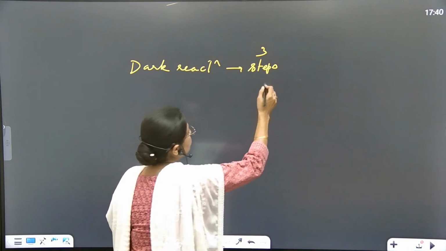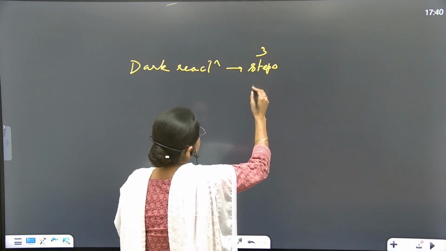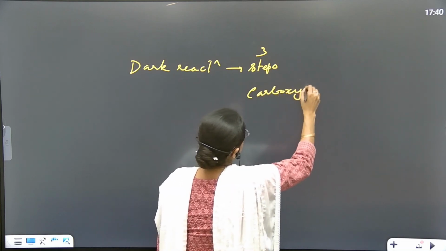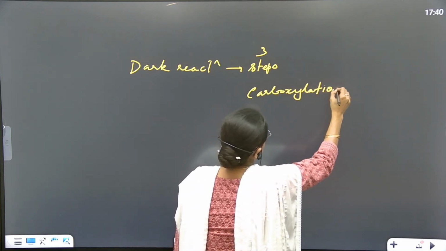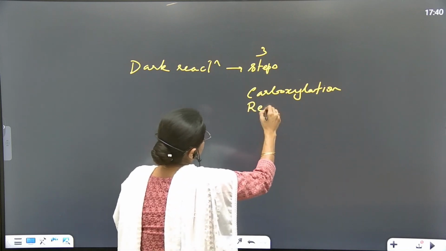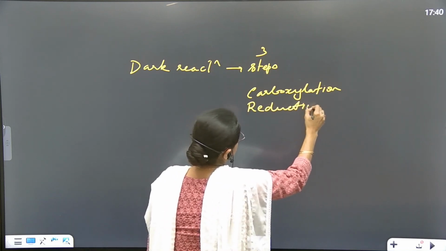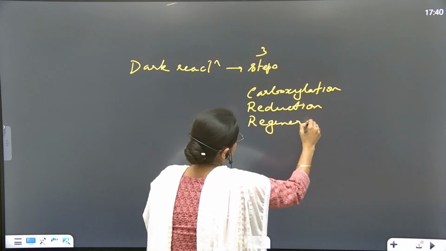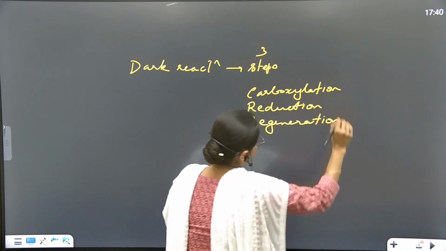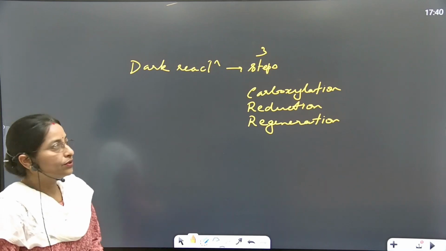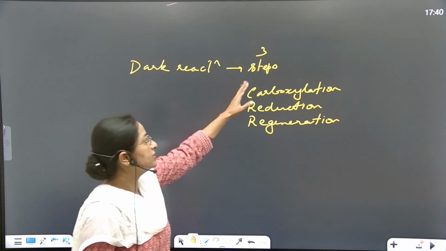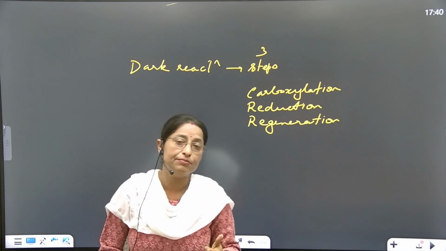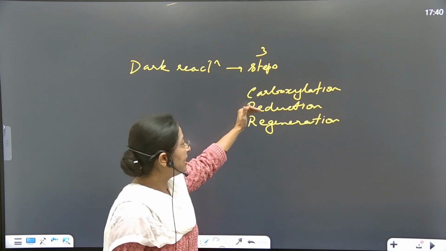And what are the 3 steps? Right? So whenever we are talking about dark reaction, it occurs within the stroma, and this reaction is a 3-step reaction. The steps are carboxylation, reduction, and regeneration.